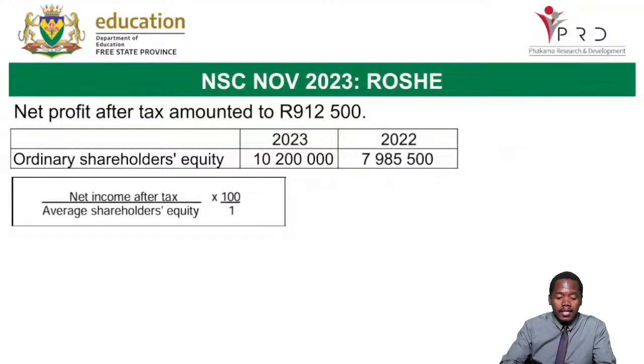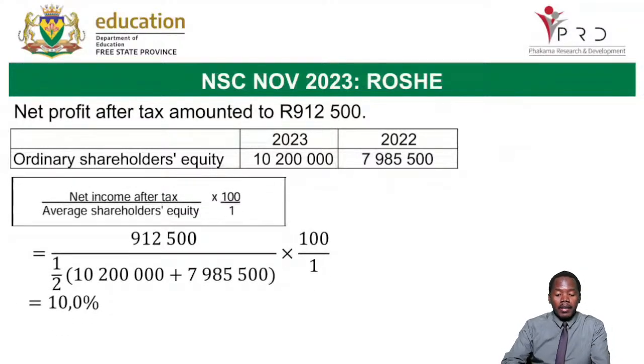For the ROSHE, there is our formula, and then our calculation would be 912,500, which is our net profit after tax, divided by 10,200,000 plus 7,985,500. Then we divide this by 2, our final answer becomes 10.0%. That is our ROSHE calculation.